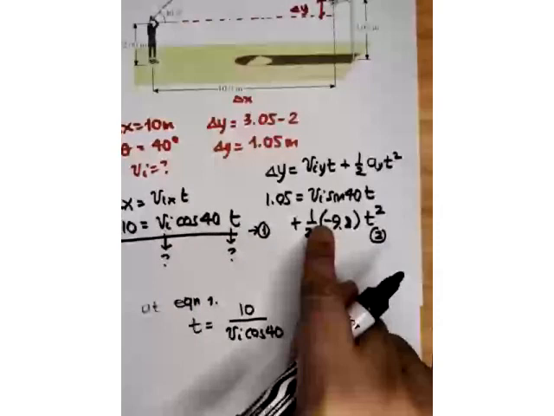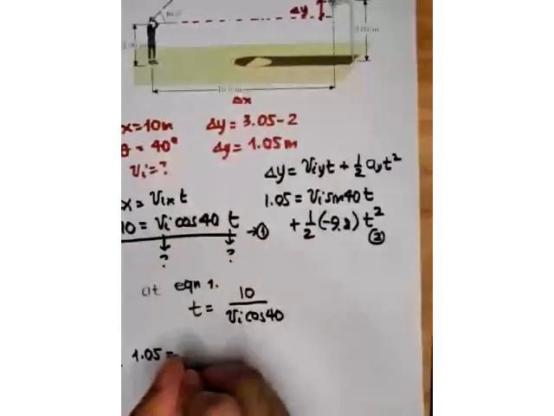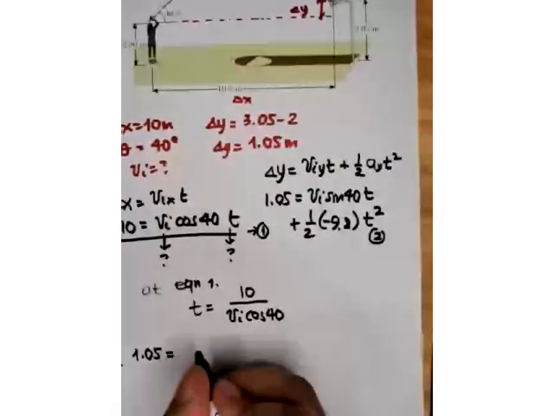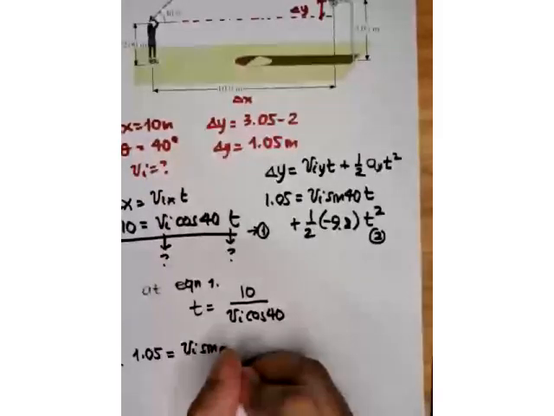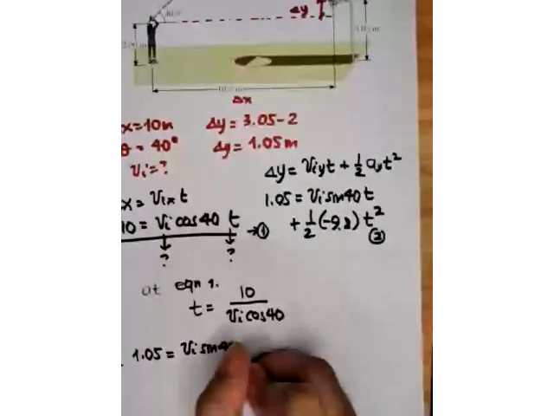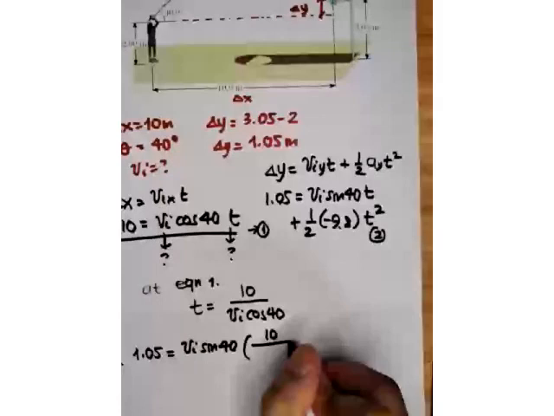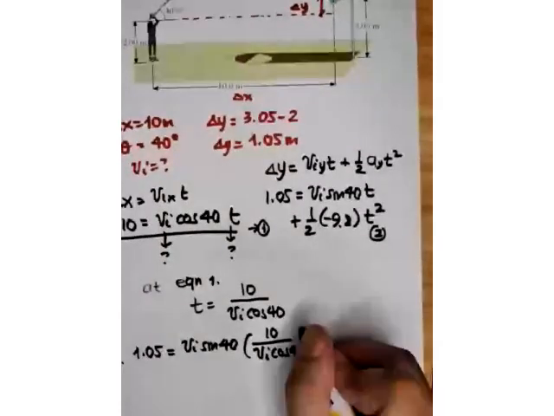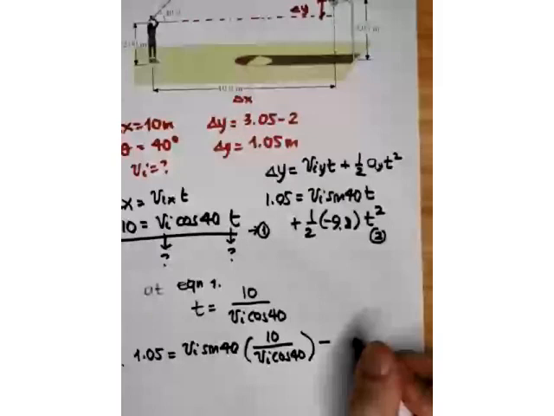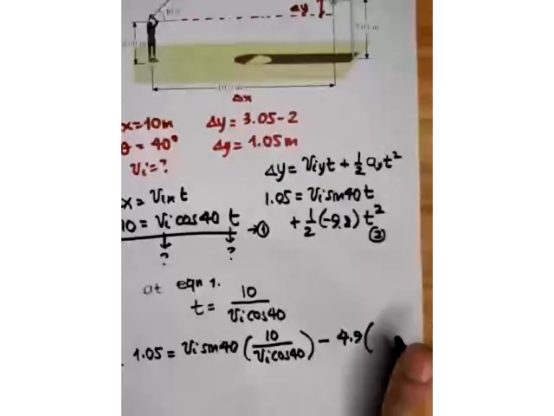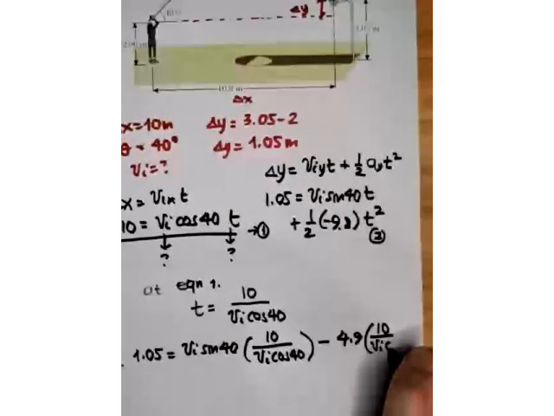Therefore, 1.05 is equal to VI sine 40 times 10 over VI cosine 40 minus 4.9 times 10 over VI cosine 40 squared.